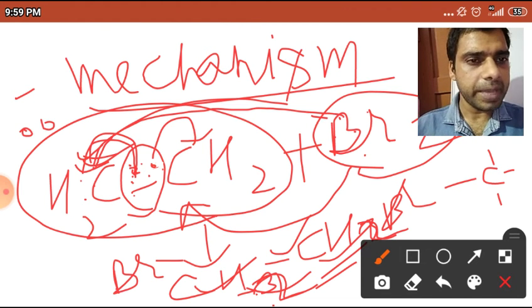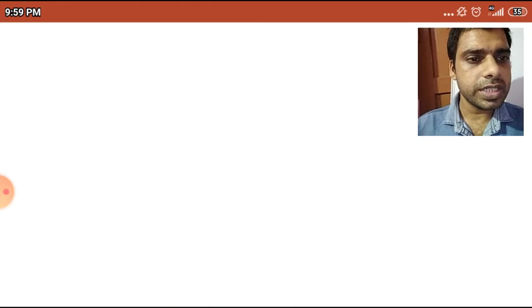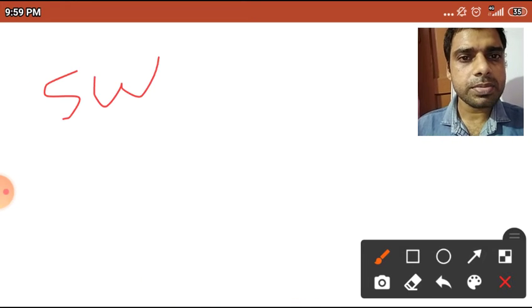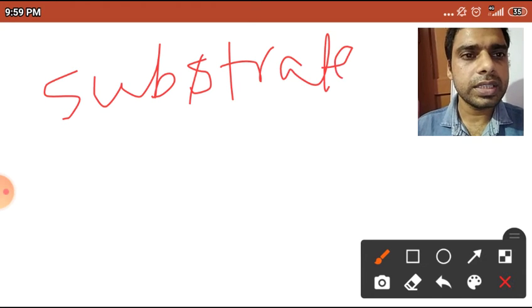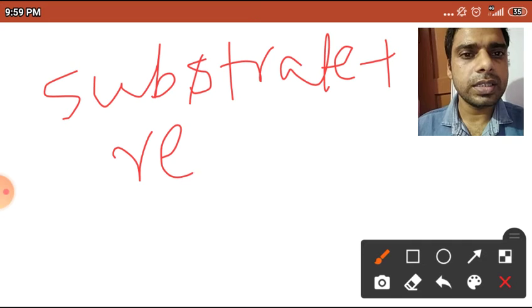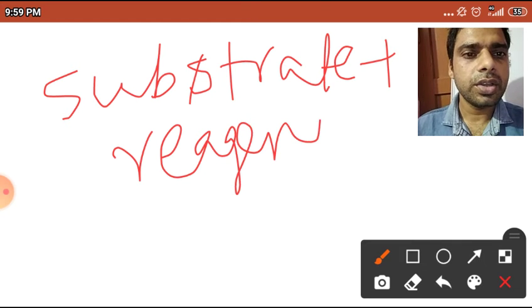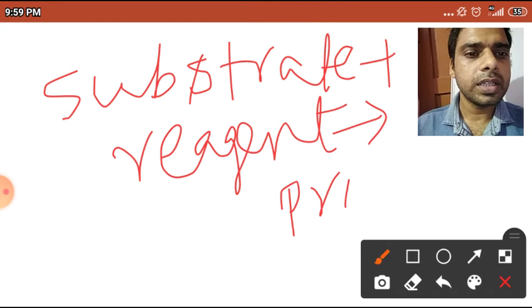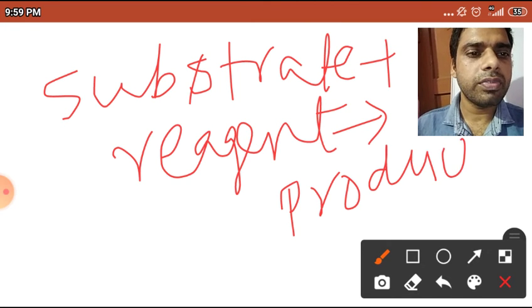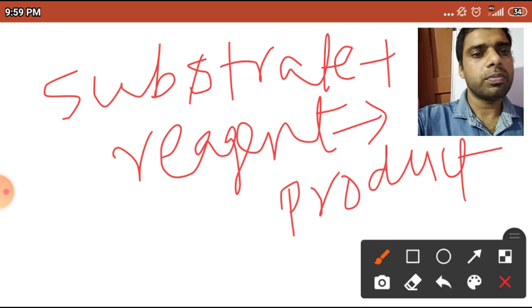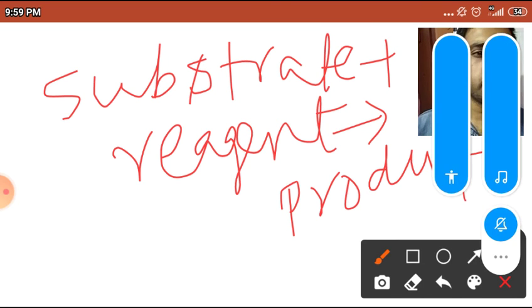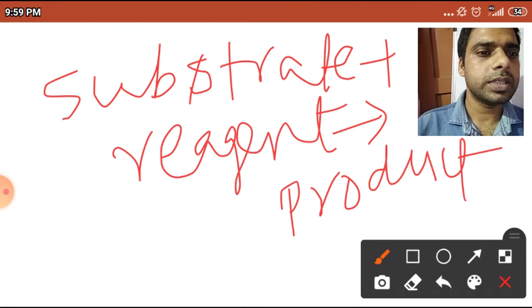So in this reaction mechanism you should see, one thing is substrate and one thing is reagent, okay? Every time when these two meet, the product will form, okay? Product will form every time.